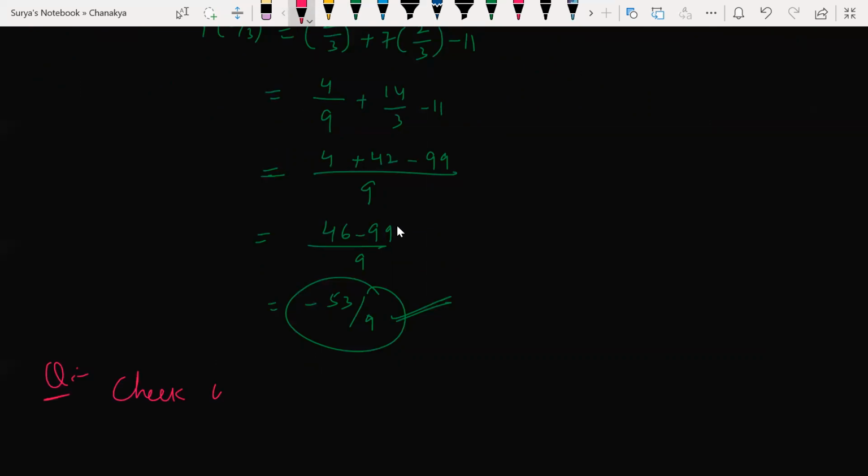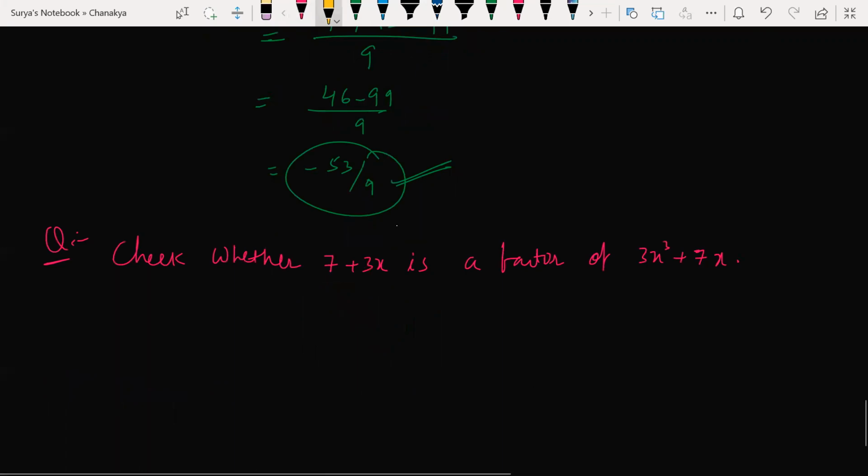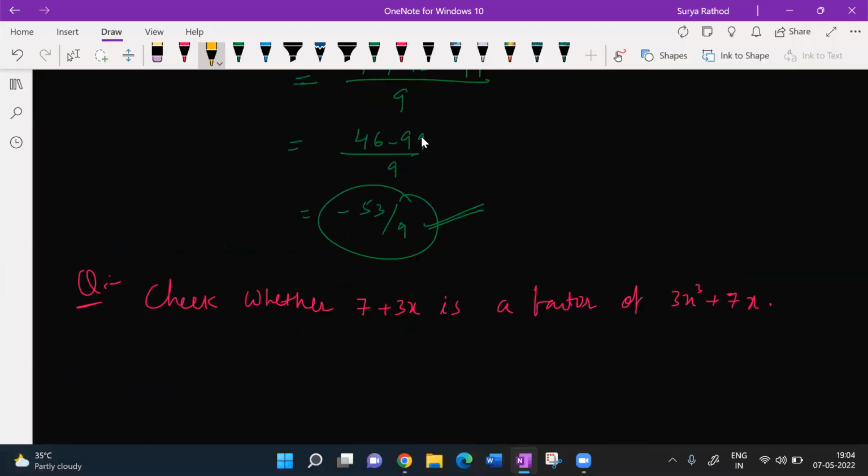Next question. Everyone do solve this question, guys. Check whether 7 plus 3x is a factor. 47 by 4, wrong answer.